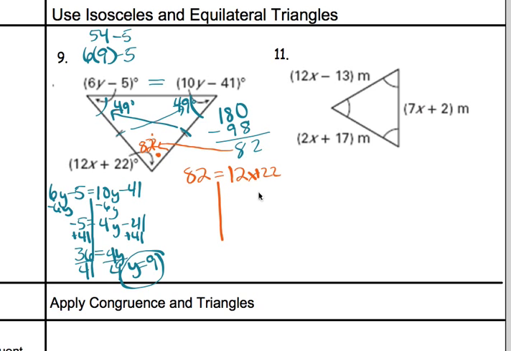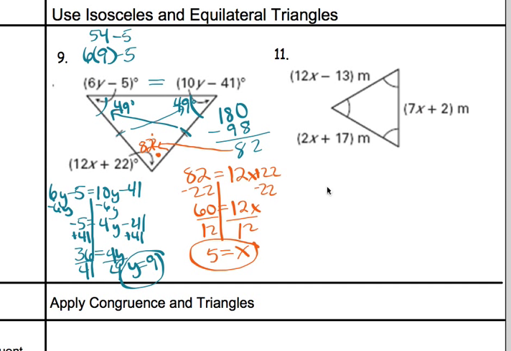Just solving here, subtract 22 to get our x alone will give me 60 equals 12x, and dividing by 12 on both sides gives me 5 equals x. So that's my x and my y in that problem. It was harder than the last because we had to use the y, plug it in to find this angle, to find this angle, to find x.